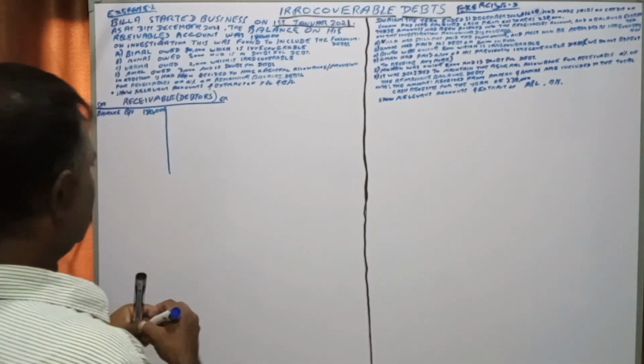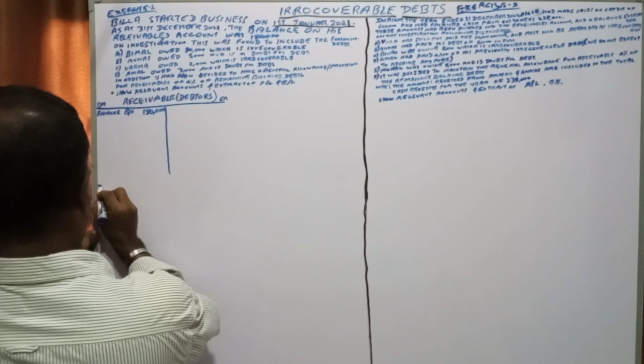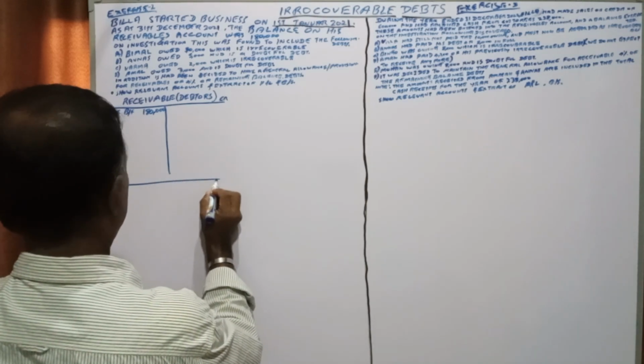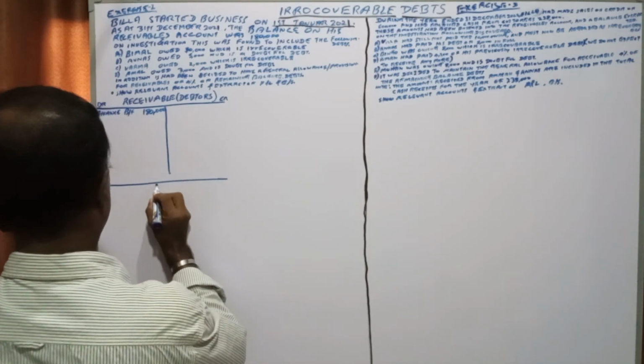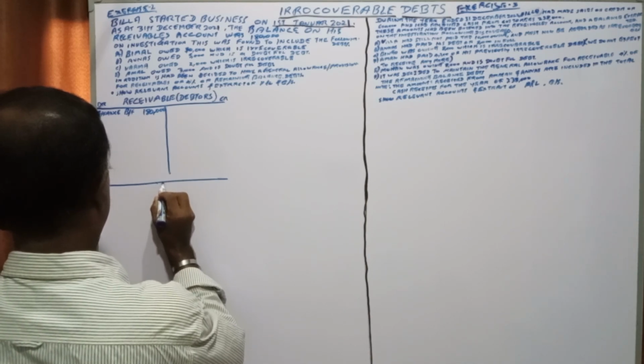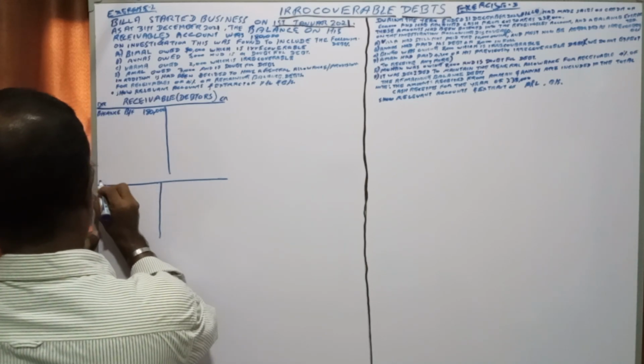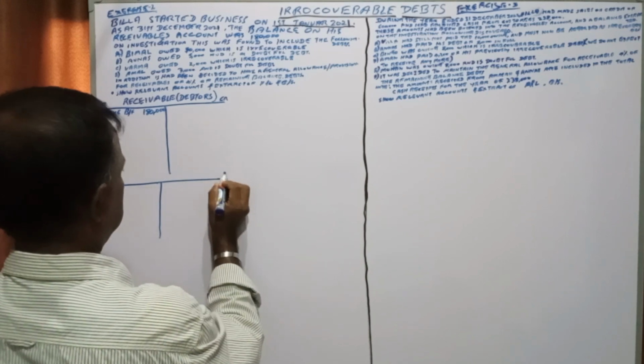We have to open a bad debt account, the irrecoverable account. This is debit, this is credit.